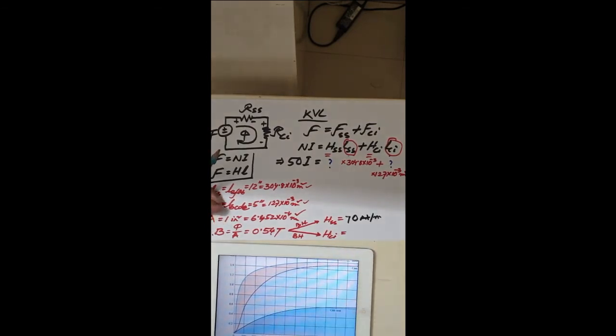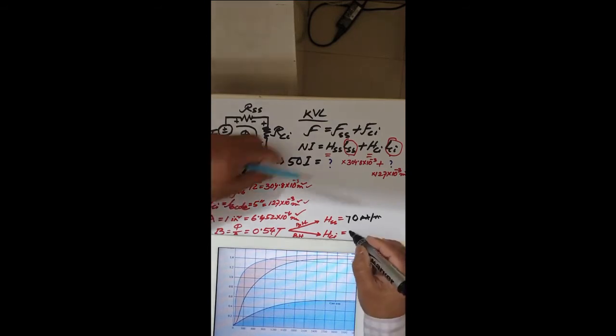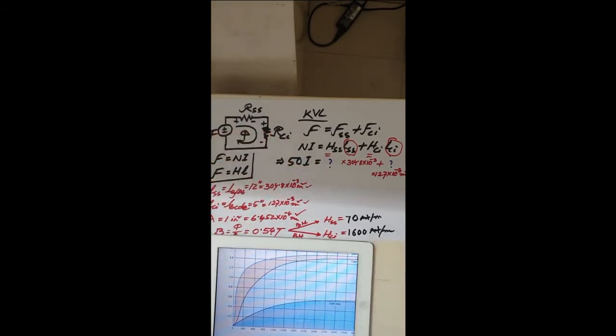HCI, cast iron. For the cast iron, you can also find from here. The cast iron is the lower line, and the 0.54 is here. The corresponding value is something like between 1500 and 1800. So we can consider it's approximately 1600. Whatever value you get, no problem, it's more than 1500, less than 1800. So if we consider approximately 1600 ampere turn per meter, then these two values we already got.